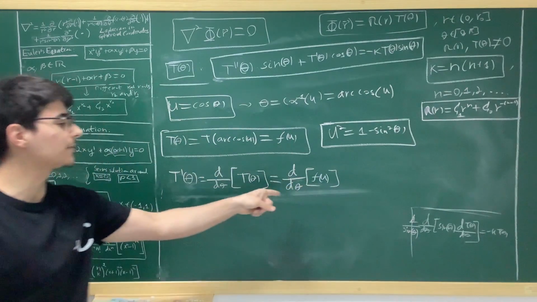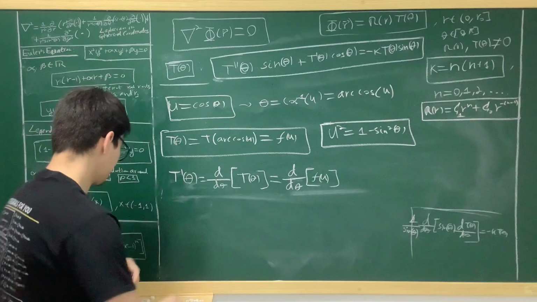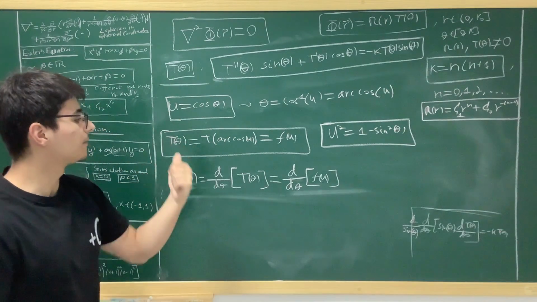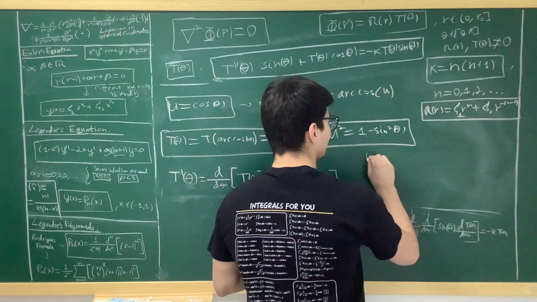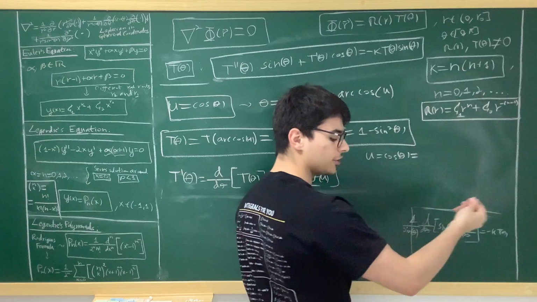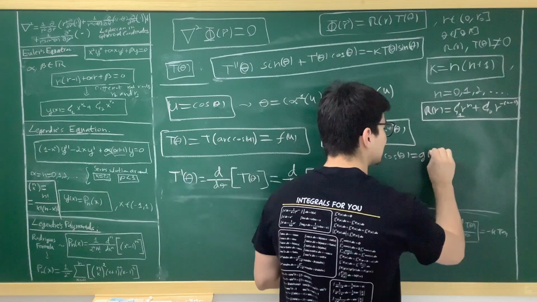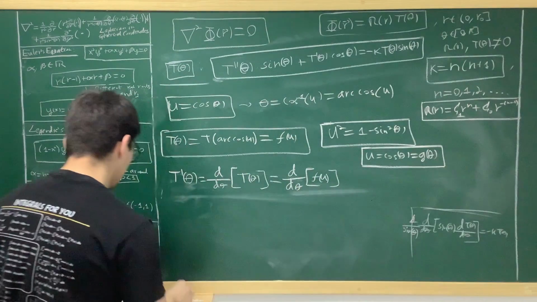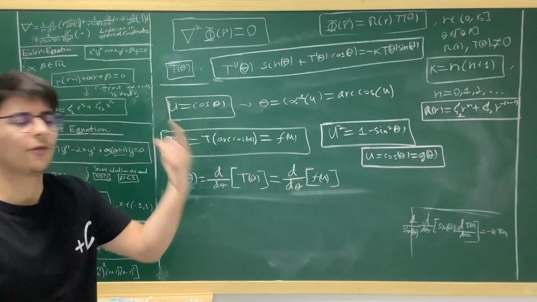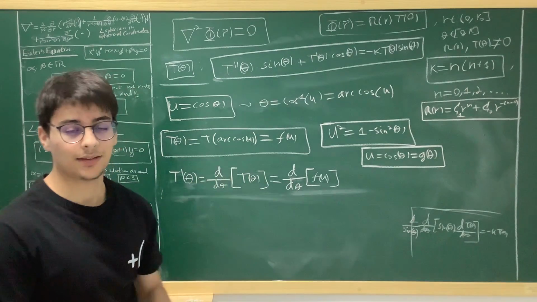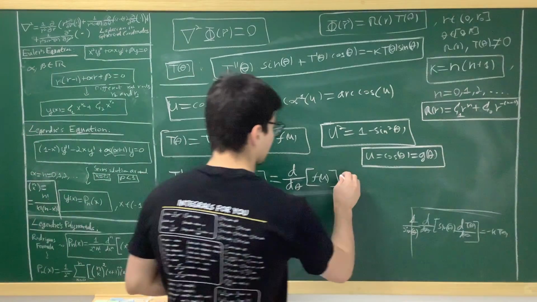But what is the derivative with respect to theta of this? Well, we have to think backwards and say, u is equal to the cosine of theta, but u is a function of theta. So let's just say that it is g of theta. This is how you have to think about it. You have to say, this is a function of what? And when I'm taking the derivative, which is a function of what? And you see that applying the chain rule is really easy.